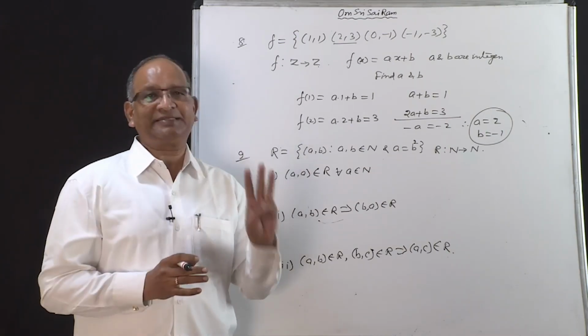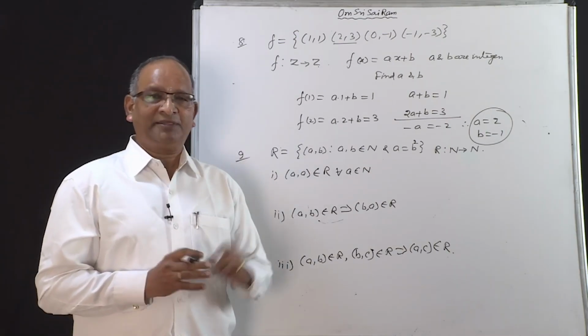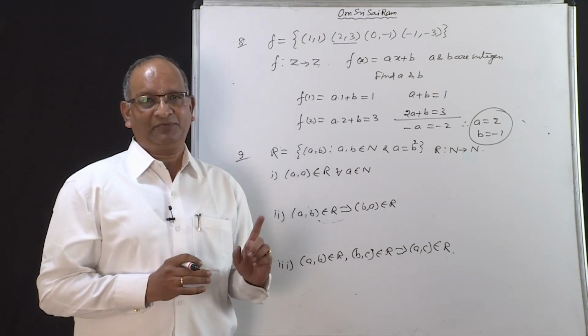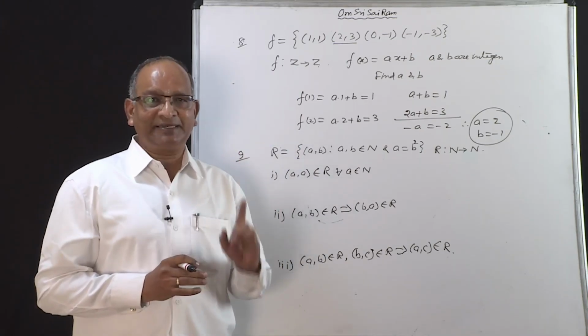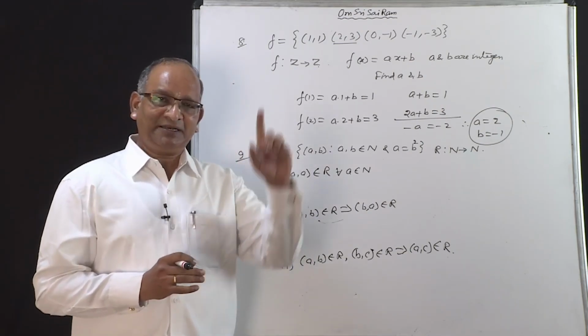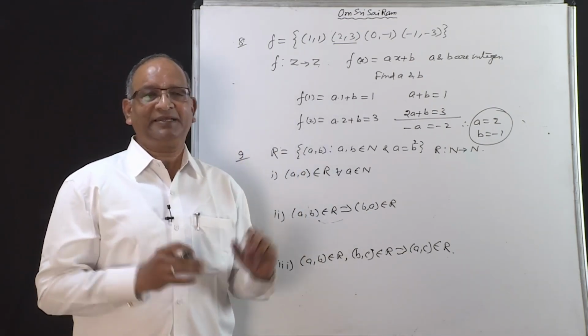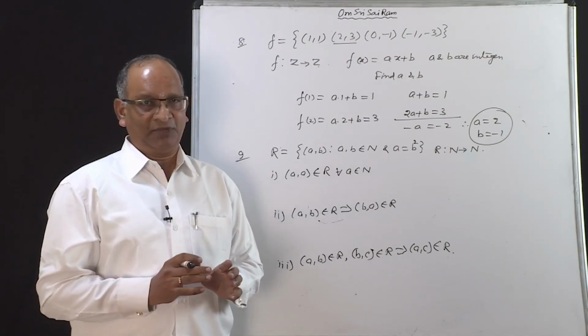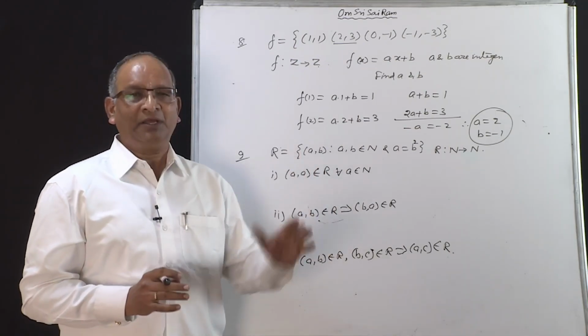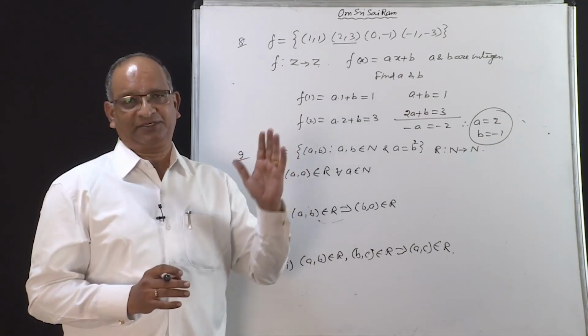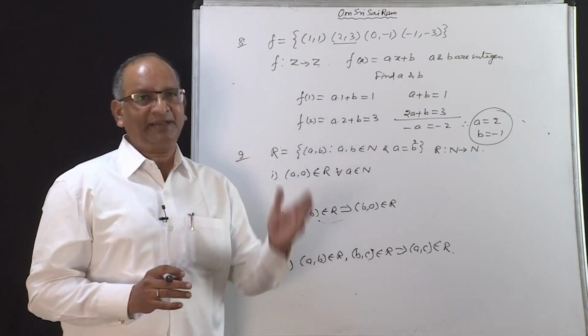Basically we come across three types of relations. The first one is called reflexive, second one is called symmetric, third one is called transitive. If a relation has all the three properties, it is called equivalence relation. Through this particular problem, he is hinting the three types of relations: reflexive, symmetric, transitive.